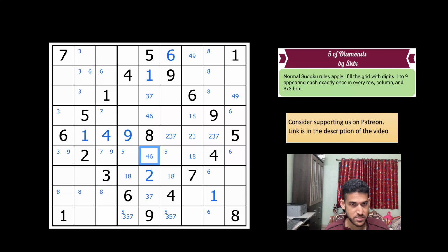That's a 6. That's a 4. So I can resolve this pointing pair of 6s here. 6 goes here. This would be 3, 7 because of the 2. 4, 5, 6, 9, 1, 8. So 2 doesn't go here, which means 2 goes here. This is not a 2. So pretty sleek and smooth solve so far.